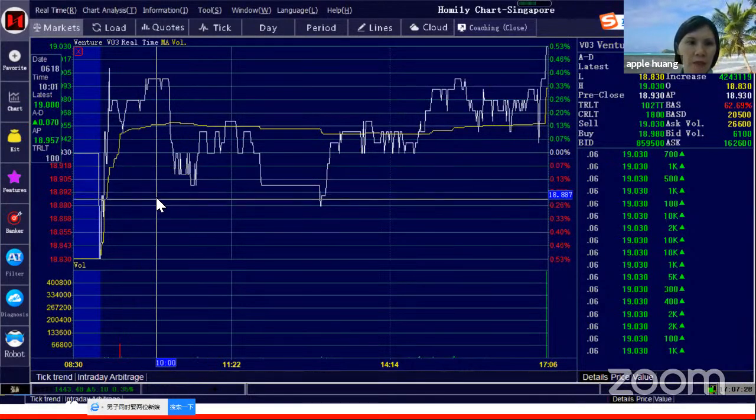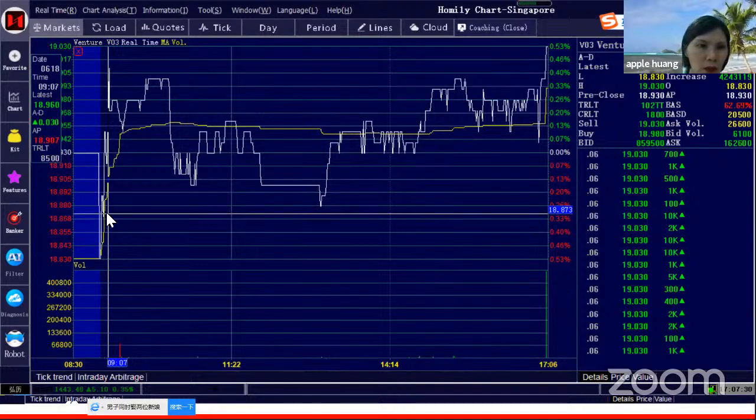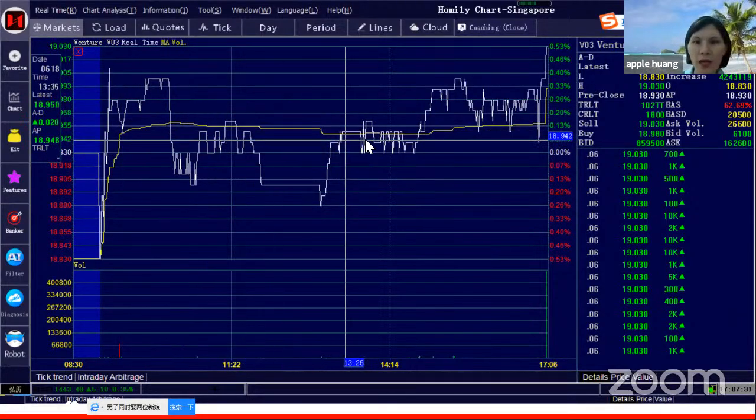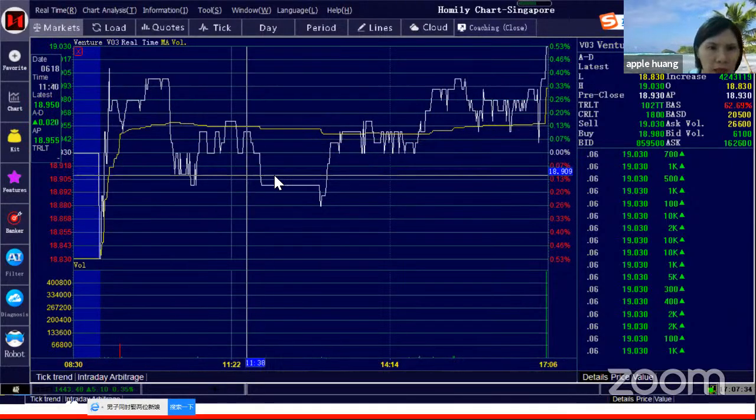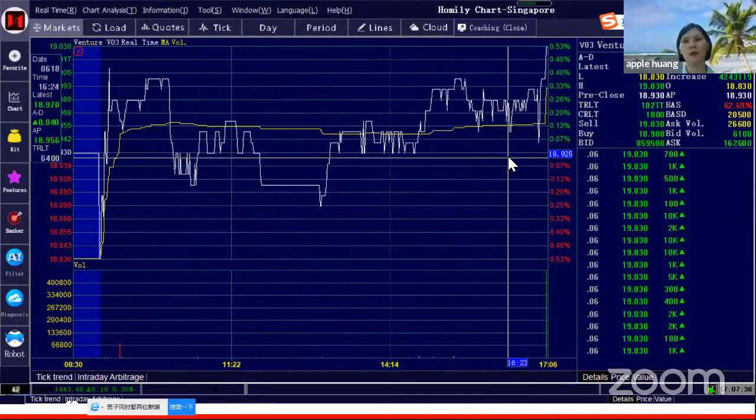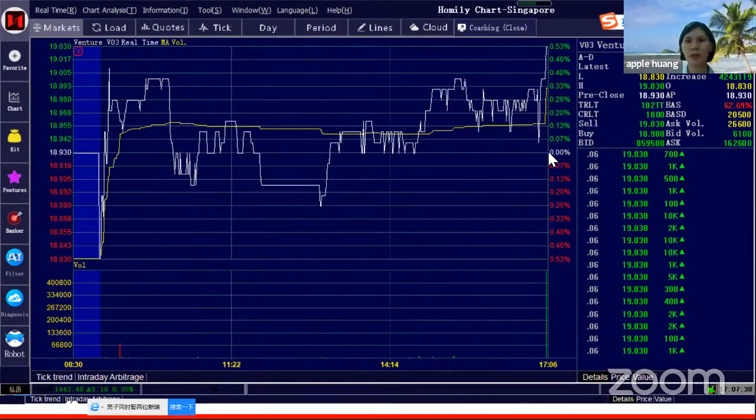So you can see the yellow line. Firstly, you will see here the 0%. Can you see the scale on the right side?